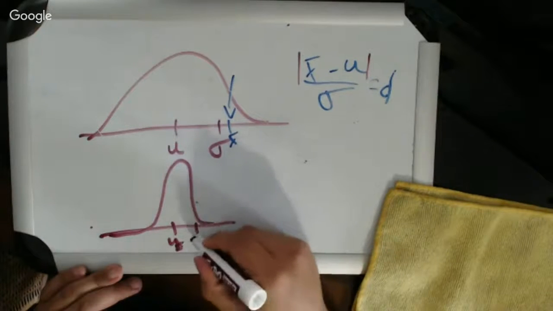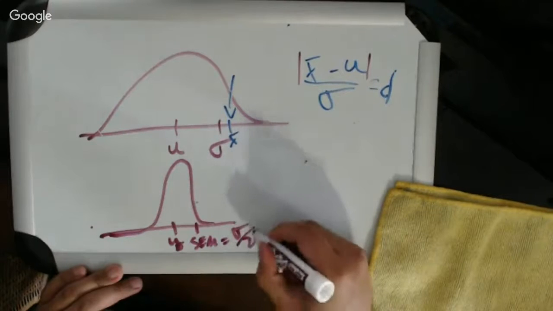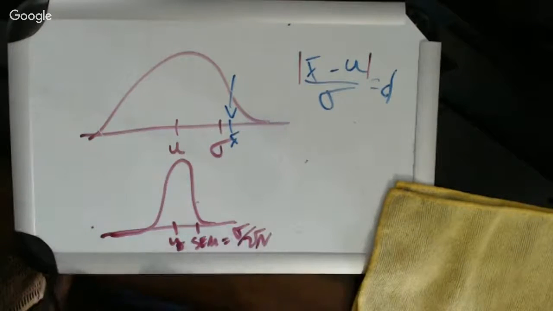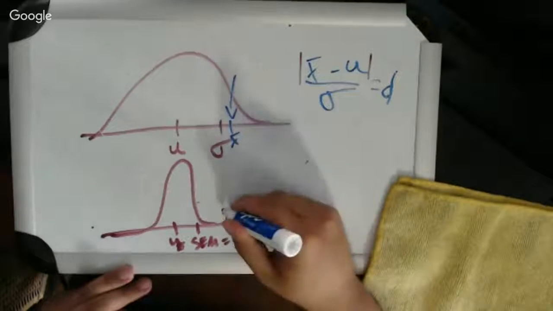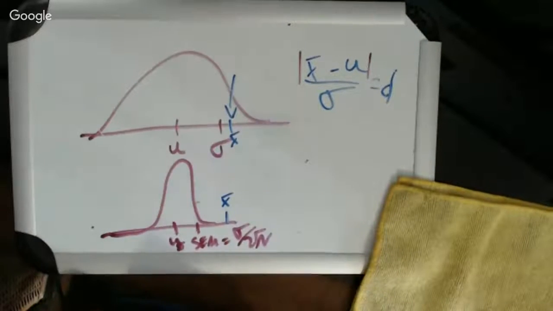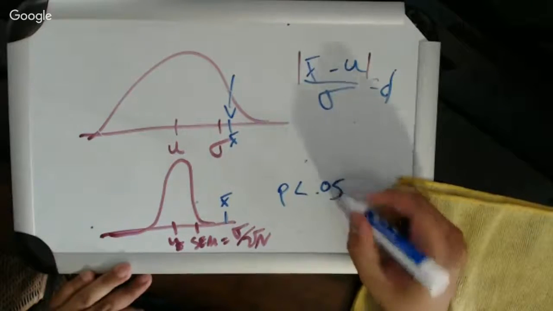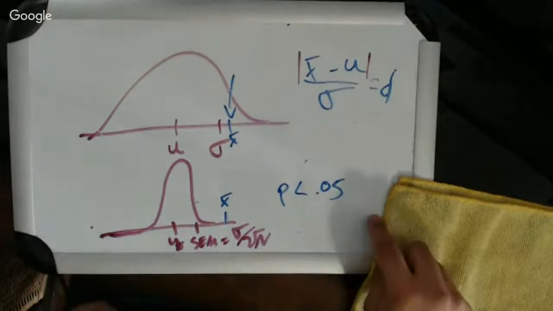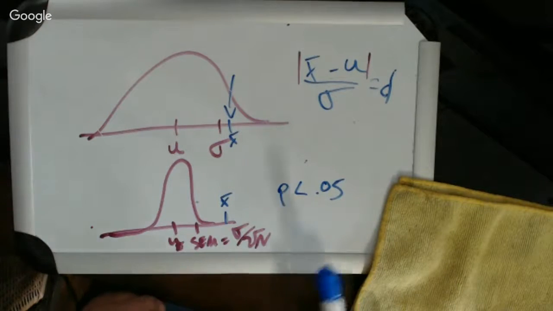And this is the standard error of the mean, which is sigma over square root n. So this same effect here, we take that same value, just move it down here. That's the x bar we got. The p-value is going to be very small, so now we can say p is less than 0.05. We can be happy that we've found an effect that is statistically unlikely to be due to randomness. So that's what this is telling us.